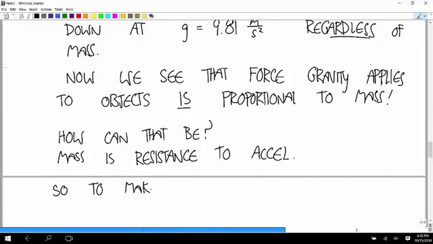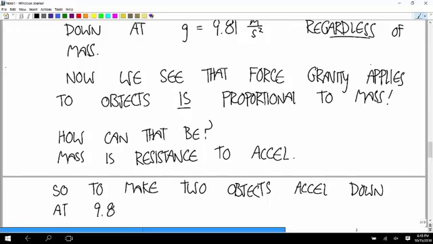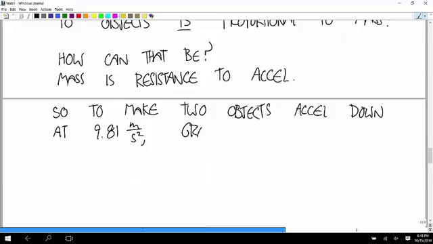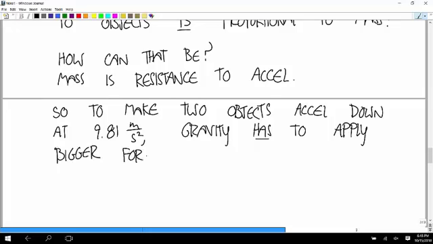So to make two objects accelerate down at 9.81 meters per second squared, gravity has to apply a bigger force to a more massive object.